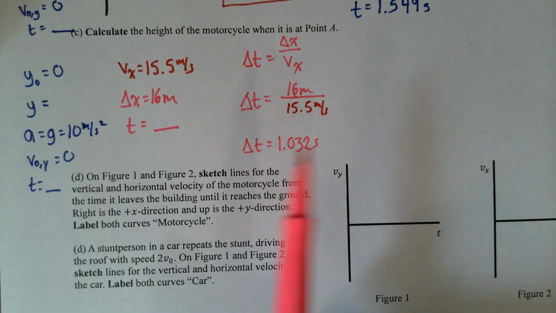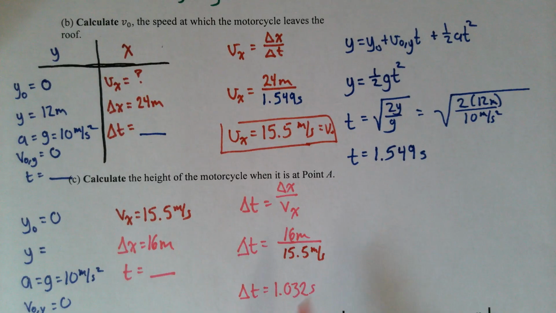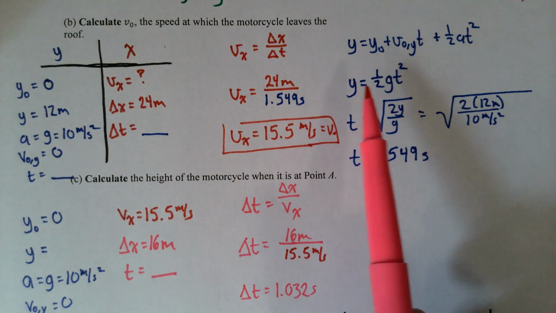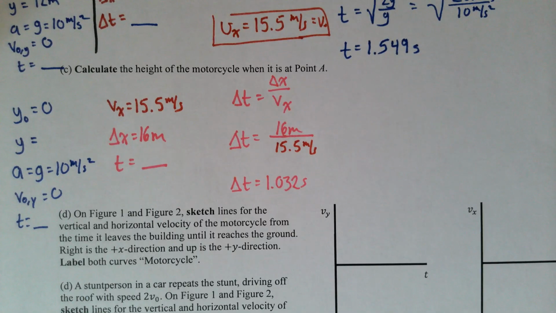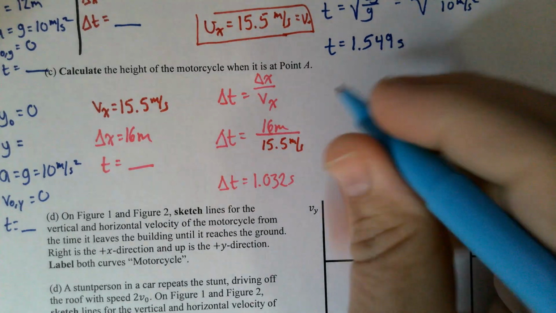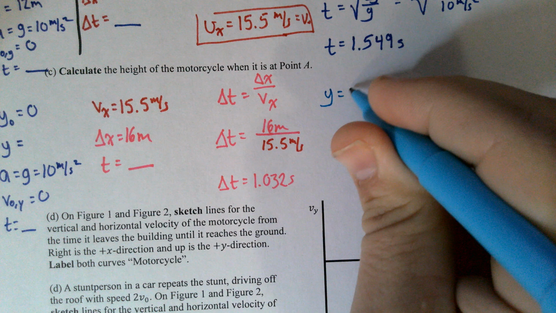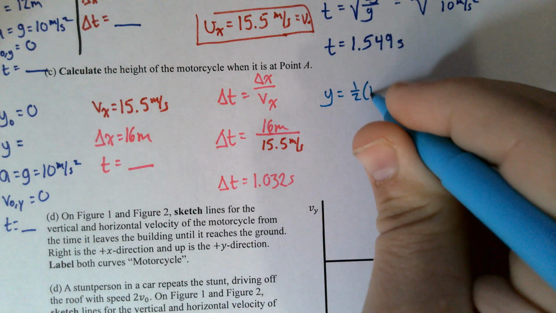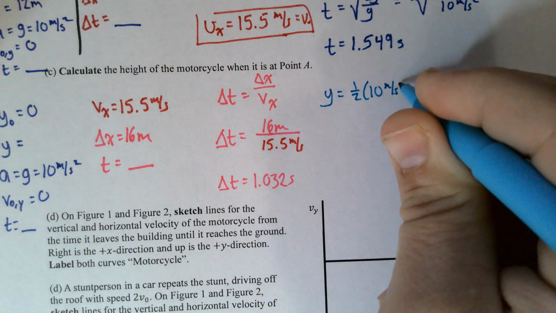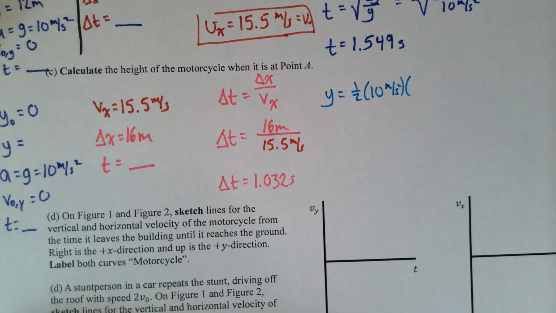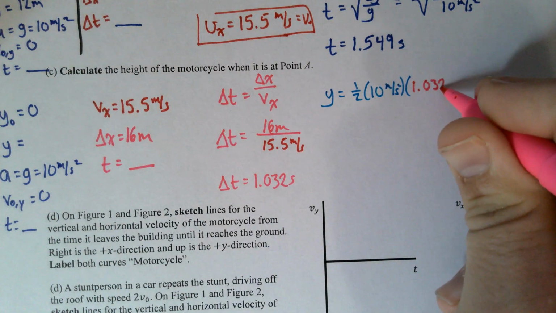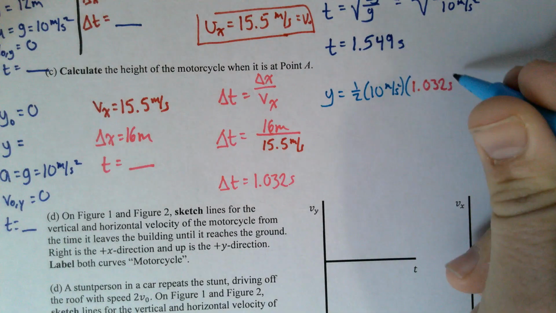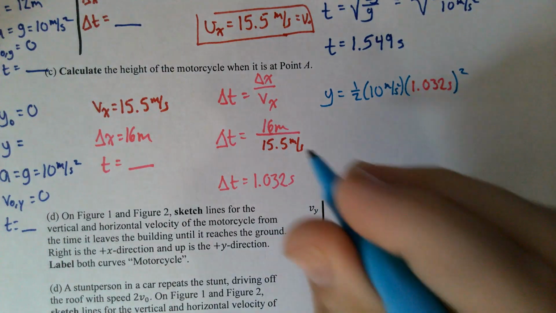Now that I've got that time, I can come back up to this same expression here and get my new value of y. That would look like y equals 1/2, g is still 10, now my time is 1.032 seconds, and then we have to square it.